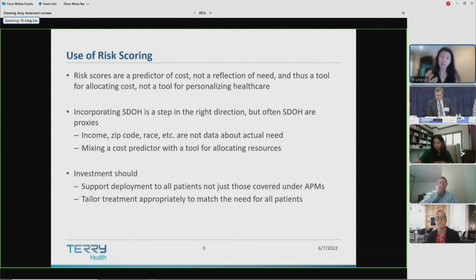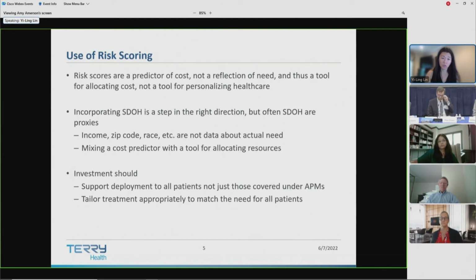And so what happens is that people are using this scoring mechanism against its intended purpose. The intended purpose was to predict cost, and people are using risk scores to allocate resources towards care management or pinpoint folks that need more outreach or things like that.